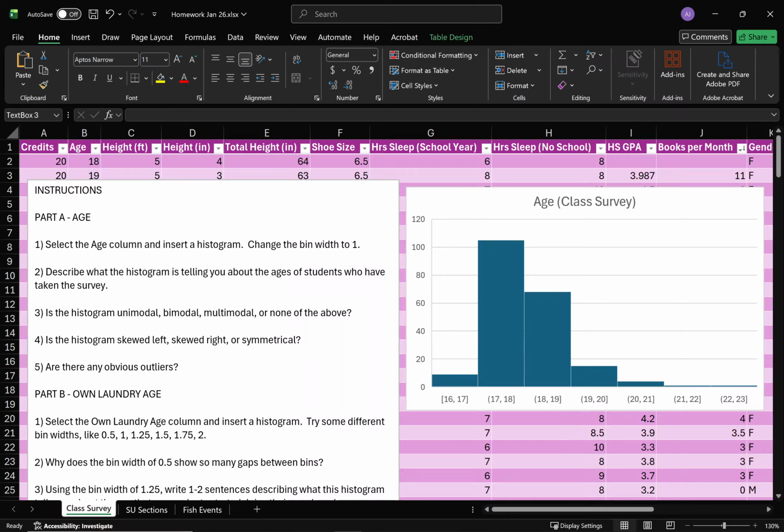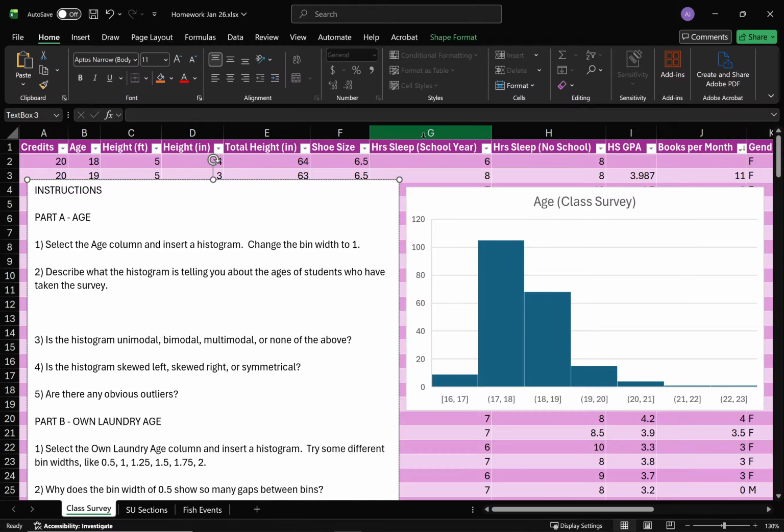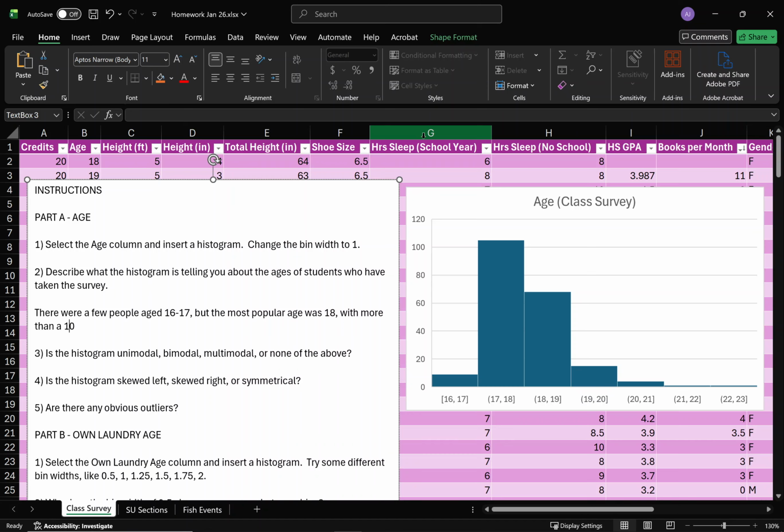Okay, so describe what the histogram is telling you about the ages of the students who have taken the survey. So I'll just write a sentence or two here. There were a few people aged 16 to 17, but the most popular age was 18 with more than 100 students.